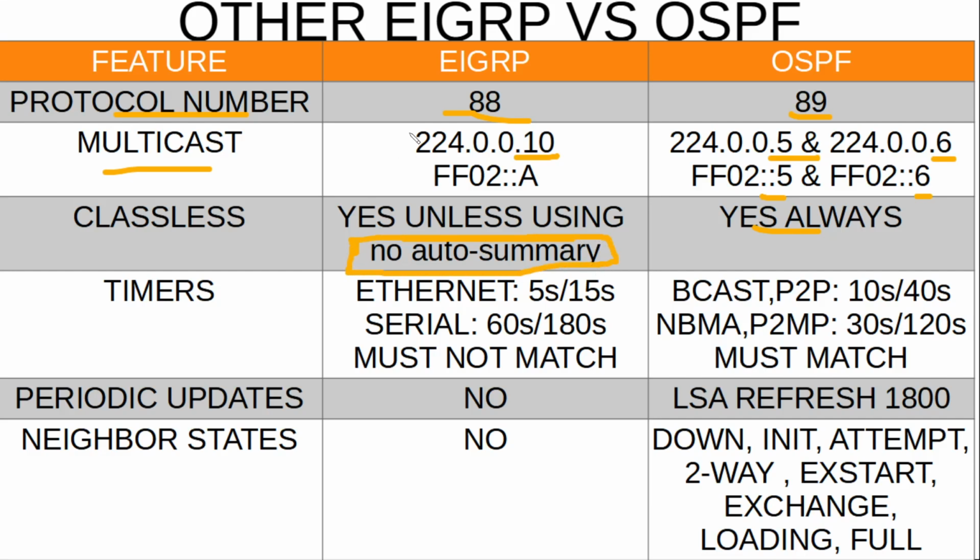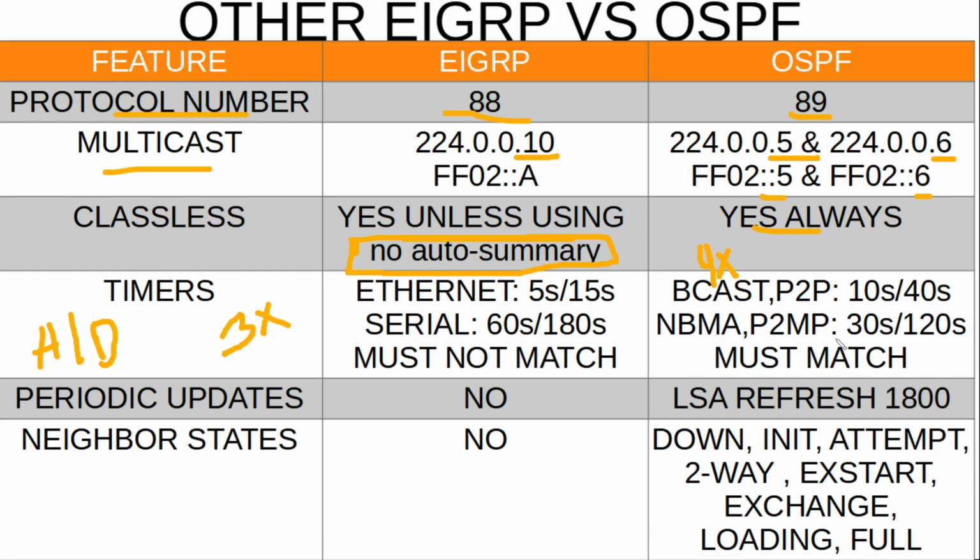The timers: EIGRP uses a 3 multiplier for the timers, for Ethernet 5 seconds and 15 seconds, 60 seconds and 180 seconds for the hello and dead timers, whereas OSPF uses a 4 multiplier for the timers. The hello timer is 10 and 40, or 30 and 120.